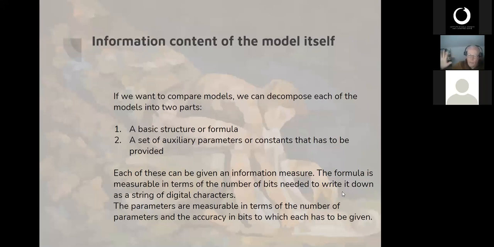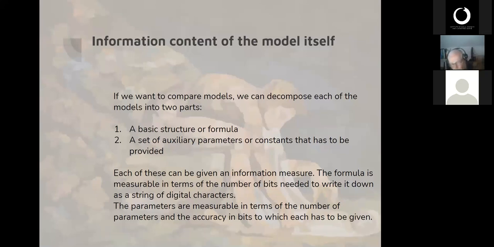Now, if you look at the model, it's going to be made up of two basic things: a basic structure or formula, which you can read off and say, okay, we assign a byte for every symbol in the formula, and a set of auxiliary parameters or constants that have to be provided. And each of these is given an information measure to write it down.